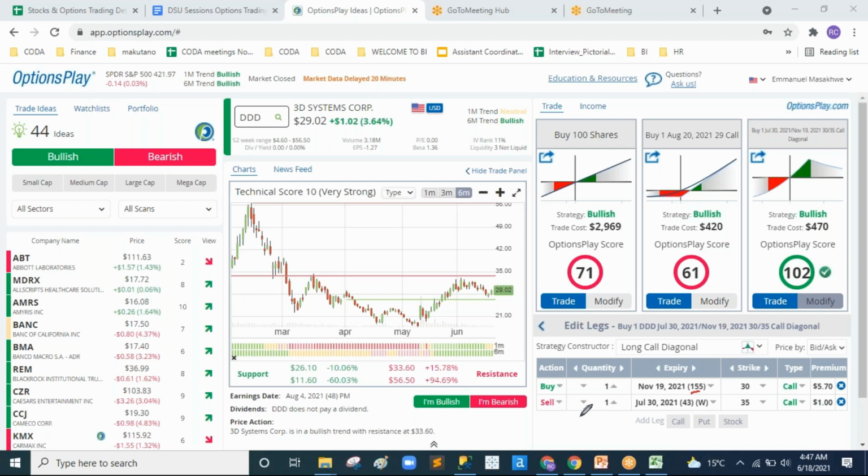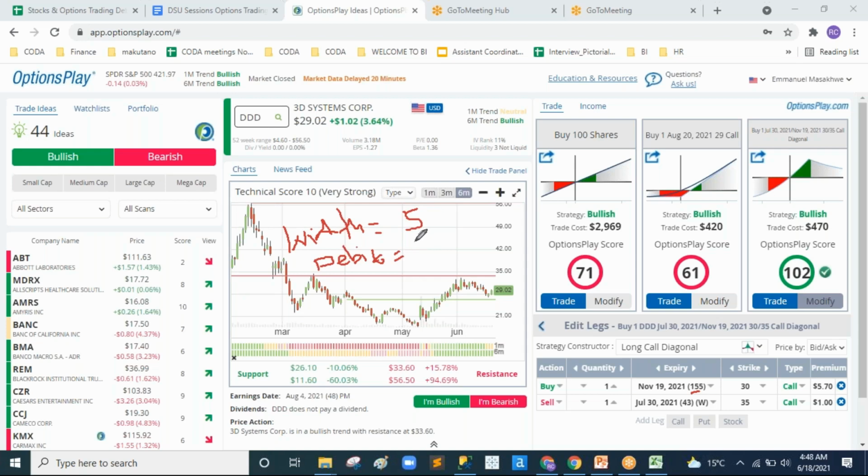the debit has to be less than the width. In this case, the width is 5. The debit, T minus 1, 4.